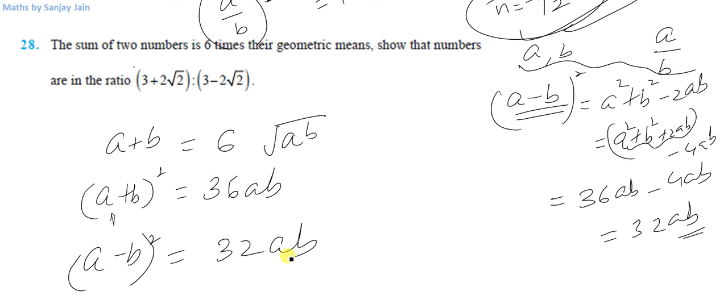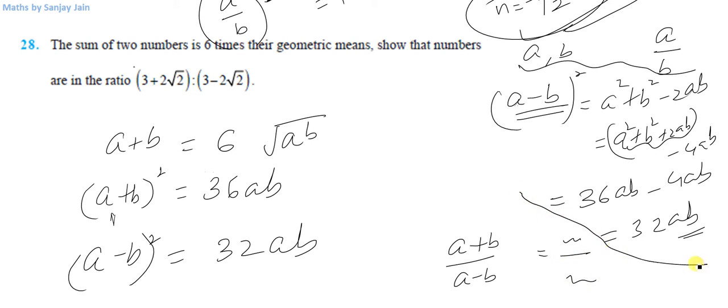Now let us look at the ratios. While calculating the ratios, what I wanted to say was that if you can calculate the ratio of a plus b and a minus b, and this is some ratio, right, divided by something, then you can convert this into ratio of a is to b. How?